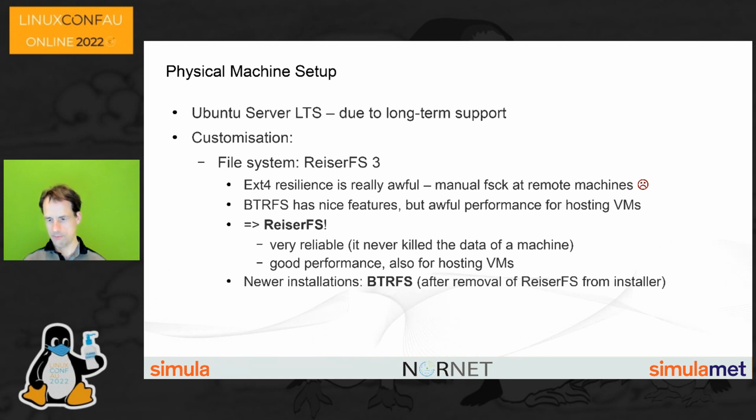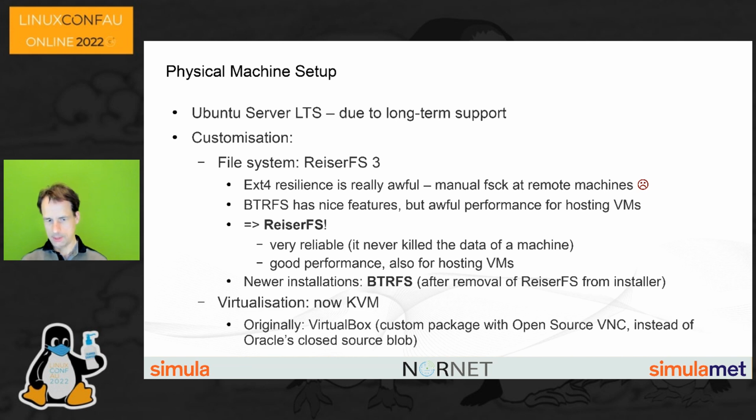Nowadays, after ReiserFS has unfortunately been removed from the installer of Ubuntu, for new installations we use BTRFS, which has also become much more stable in the last few years. And as I've said, we are using KVM, kernel-based virtual machines. Originally, we used VirtualBox.